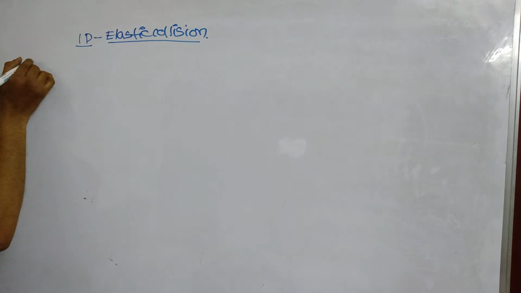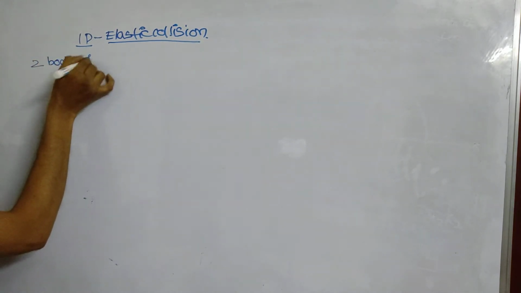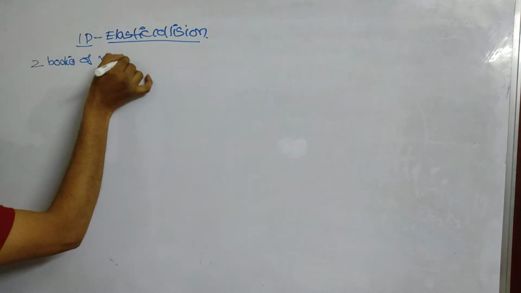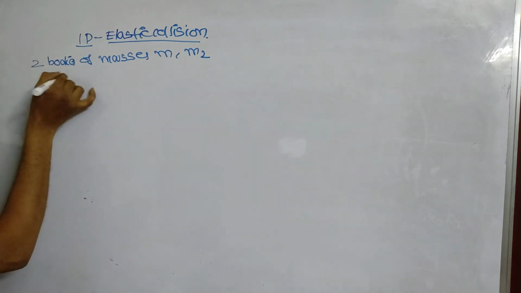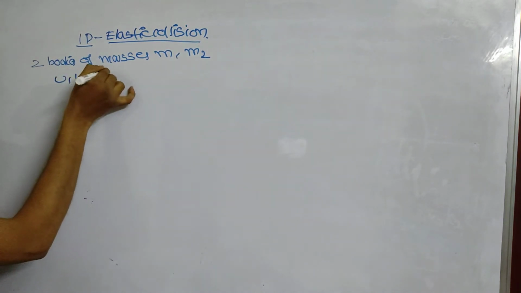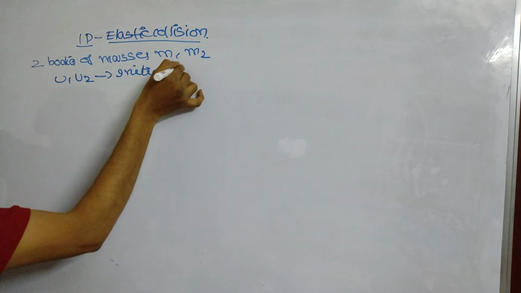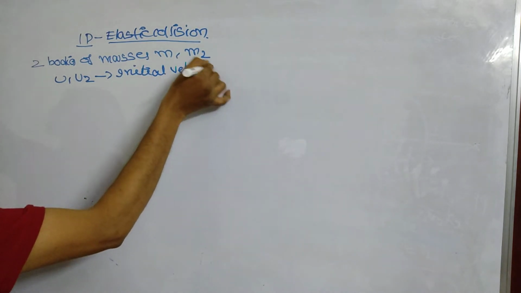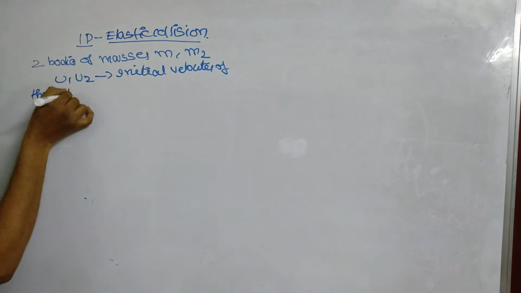Here I am writing the points now. Two bodies of masses m1 and m2, moving with initial velocities u1 and u2, the initial velocities of those two bodies.